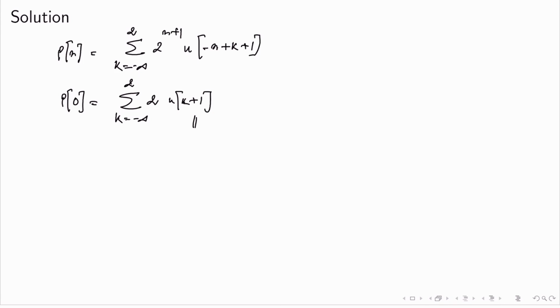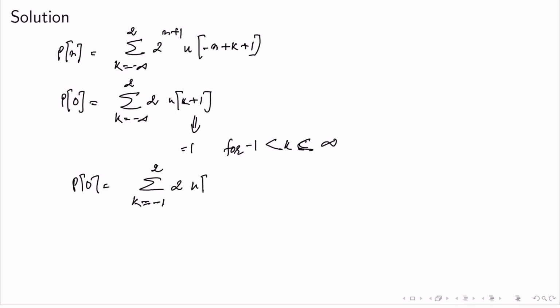And now again let us look at what this u of k plus 1 is. This is valid, equal to 1, for k lying between minus 1 and infinity. Therefore p of 0 will be equal to the summation over k from minus 1 to 2 of 2, u of k plus 1.